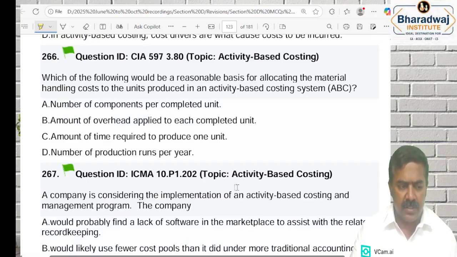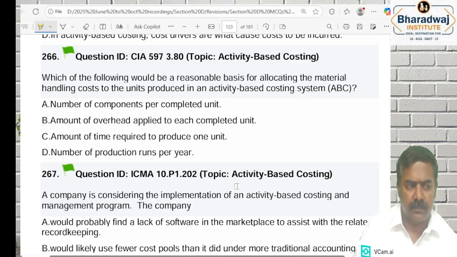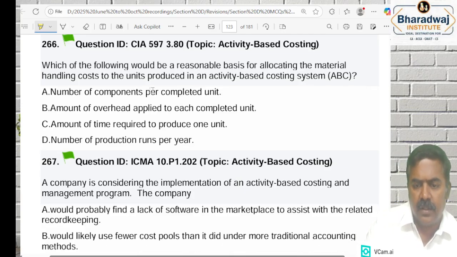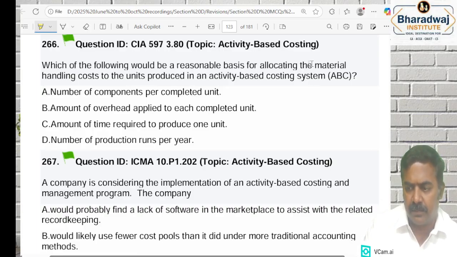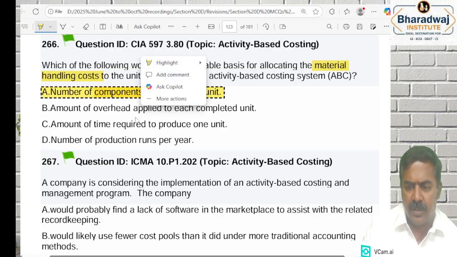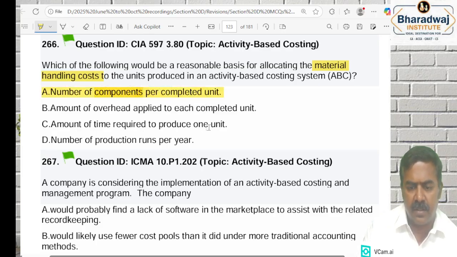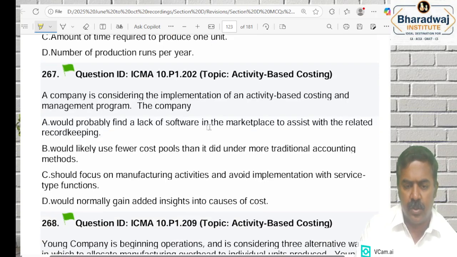Go to 266. Which of the following would be a reasonable basis for allocating the material handling cost? Number of components per completed unit. 267.